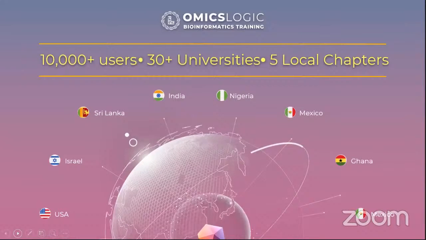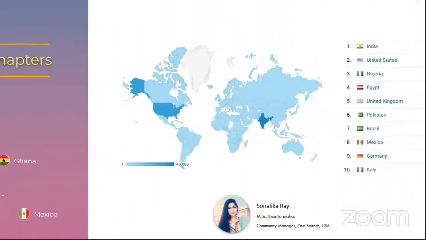Due to this fast growth, our team is working with local and regional coordinators that are helping refine local program logistics and leverage our online training resources, adapting them to the needs of the students and researchers around the world. Omics Logic research-based training programs are a result of close collaboration between Pine Biotech and numerous academic institutions that have participated in content evaluation, curriculum review, and project design.